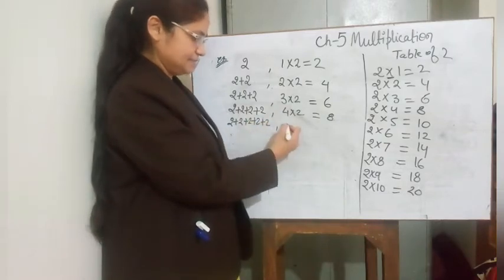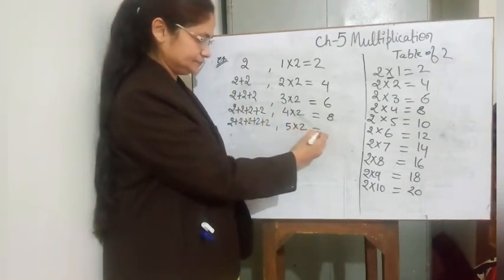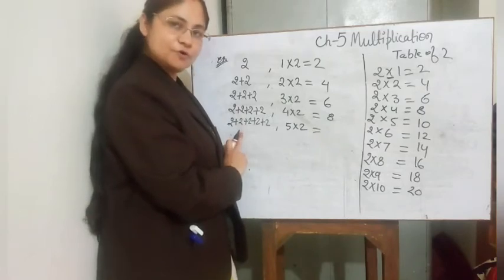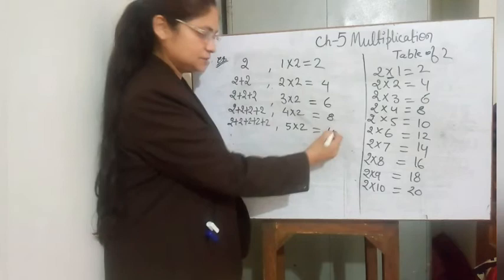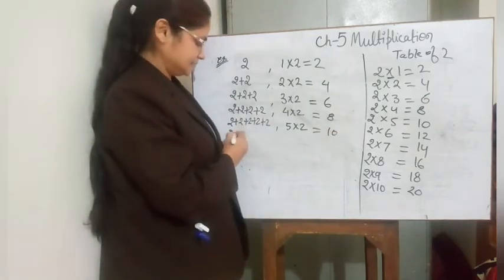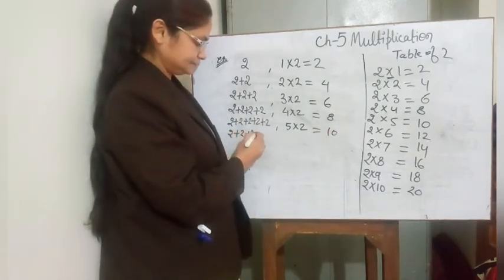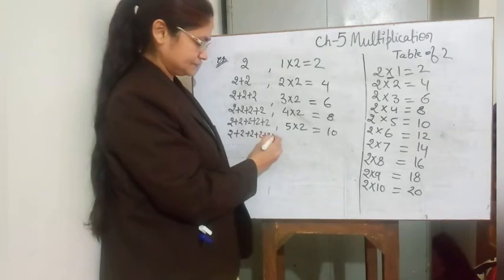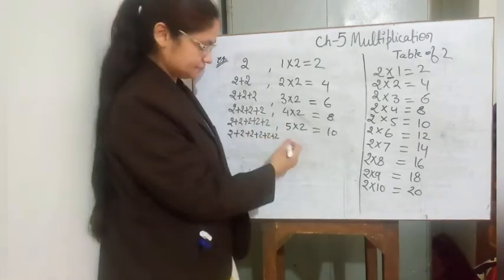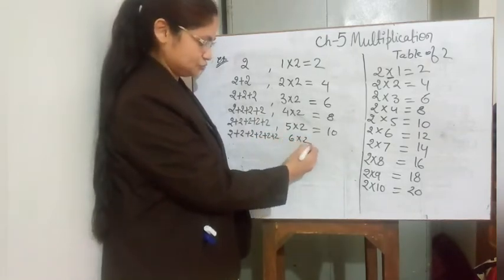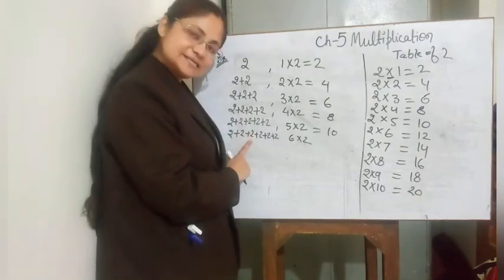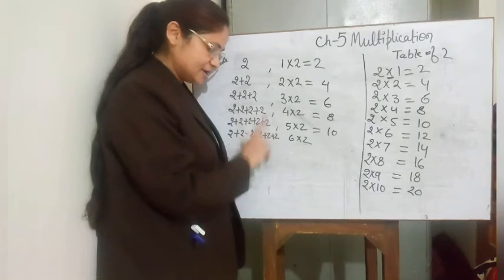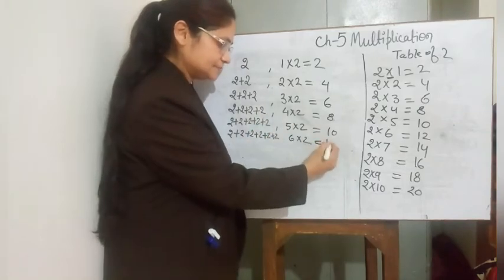So it will be 2 plus 2, 4, 4 plus 2, 6, 6 plus 2, 8, 8 plus 2, 10. Then 6 times, I am increasing the number. So just add up: 2 plus 2, 4, 4 plus 2, 6, 6 plus 2, 8, 8 plus 2, 10, 10 plus 2, 12.